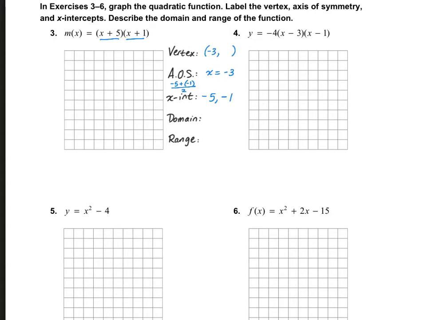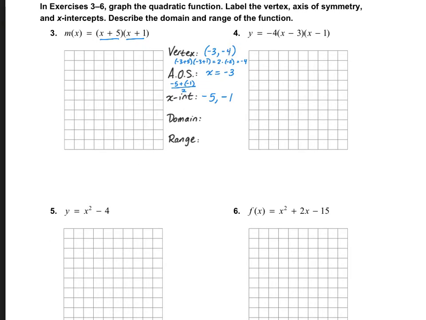And now we just need to plug -3 into the original equation to find our y number. So we have -3 plus 5 and -3 plus 1. And that gives us 2 multiplied by -2, which is -4. So that means that my y number is -4.